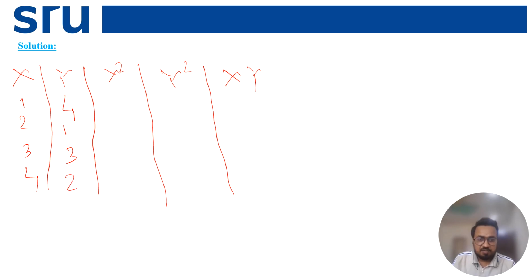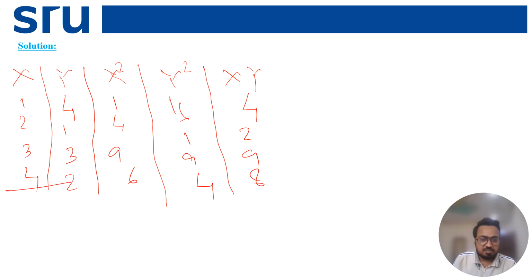Then the value of x square will be what? 1, 4, 9, and 16. Okay. Y square is what? 16, 1, 9, 4. What is the value of x into y? 4, 2 into 1 is 2, 3 into 3 is 9, and 4 into 2 is 8.